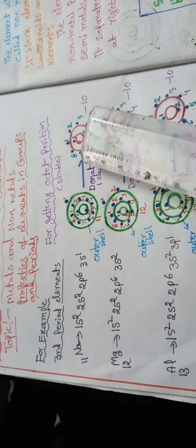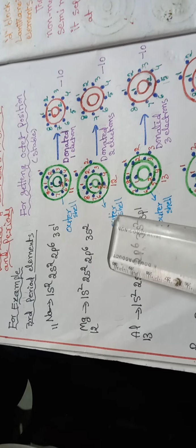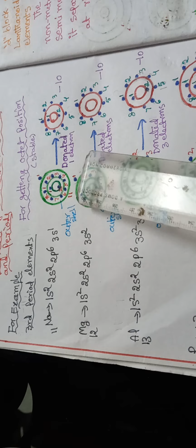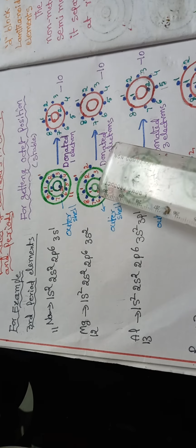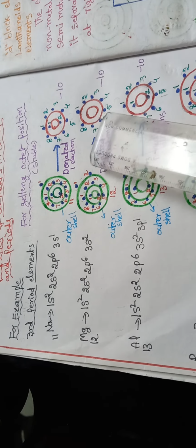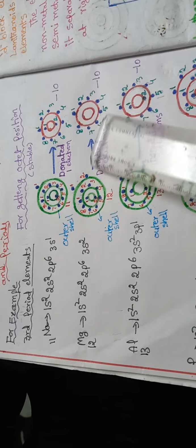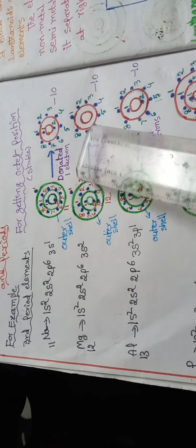Next, magnesium. Magnesium atomic number 12, electron configuration 1s2, 2s2, 2p6, 3s2. So here the outer shell contains 2 electrons. These 2 electrons are donated to another element. Then 2 shells remain and the outer shell contains 8 electrons.